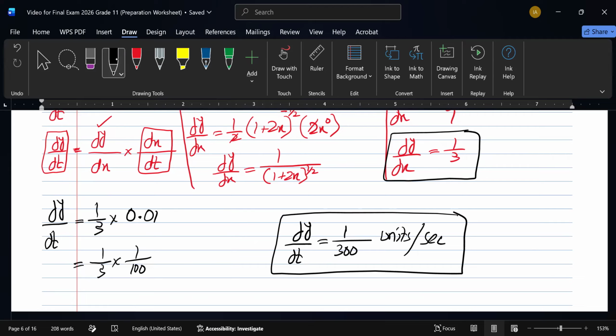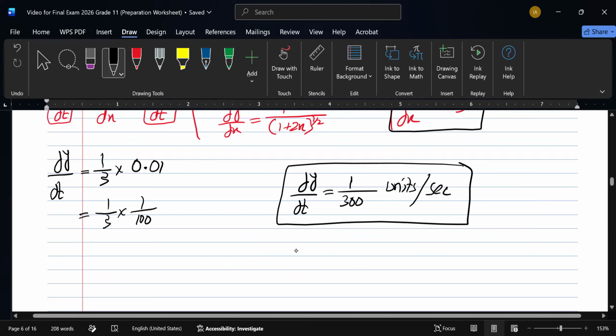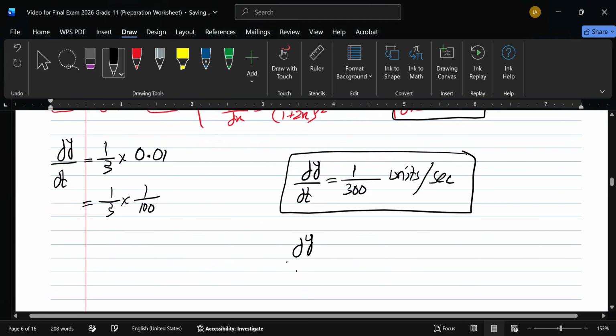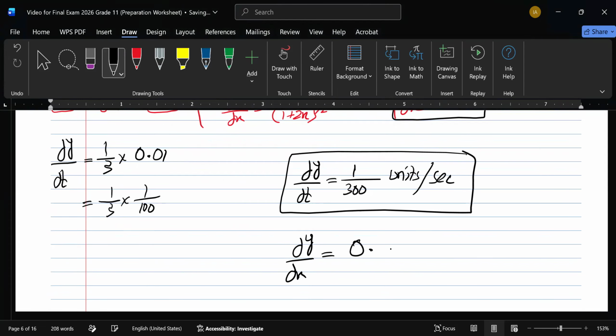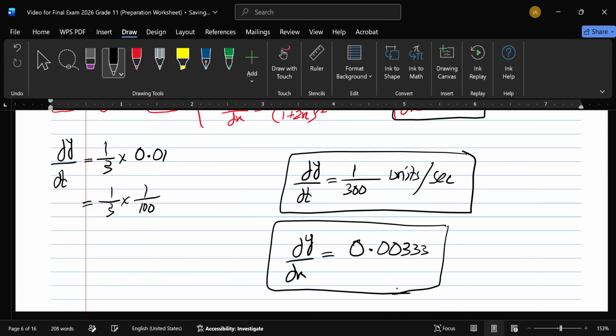So that gives you 0.00333. This is your answer. Both answers are acceptable. It's up to you which format you want to use to express your answer.